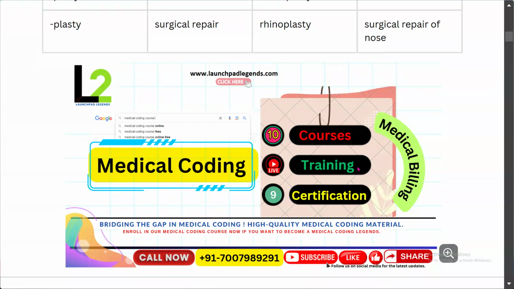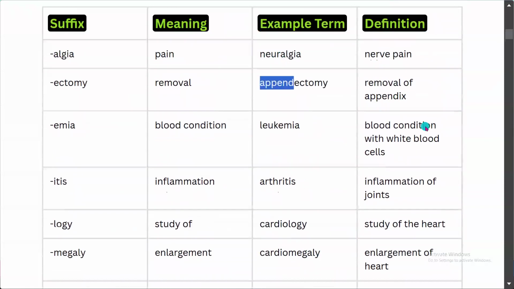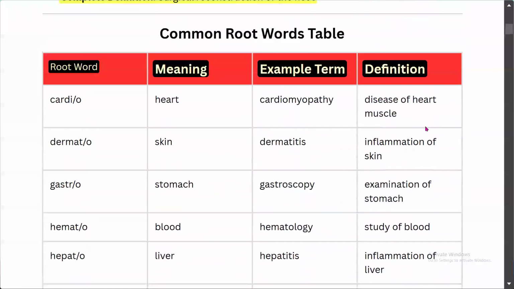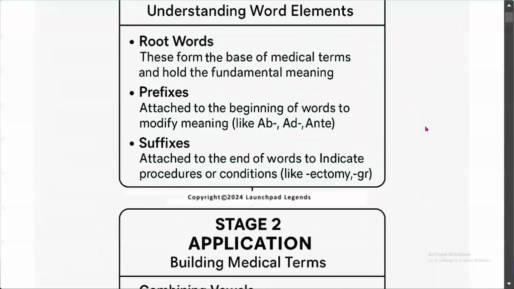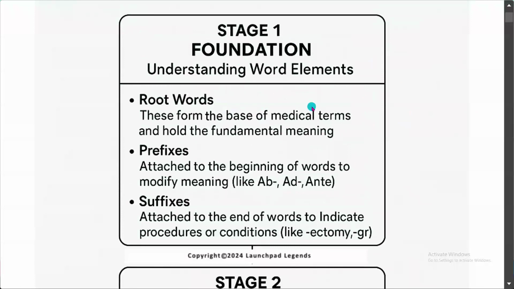Whether you are at any stage, working in any position, any designation, in any project, you will always get a medical record, and there you always get stuck with these medical terms. So here you understand the word elements: root words, prefix, suffix.